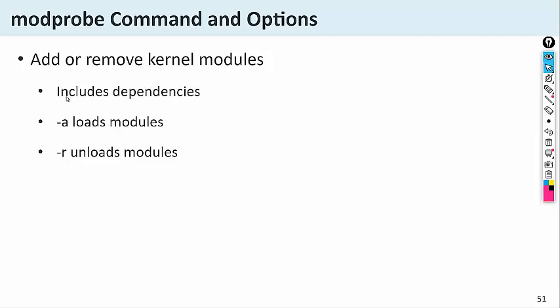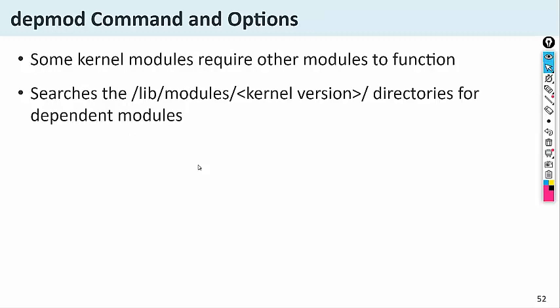install it including its dependencies. Then -a is used for loading modules, and -r is used for removing or unloading modules. Every module's information exists, but it is old information.